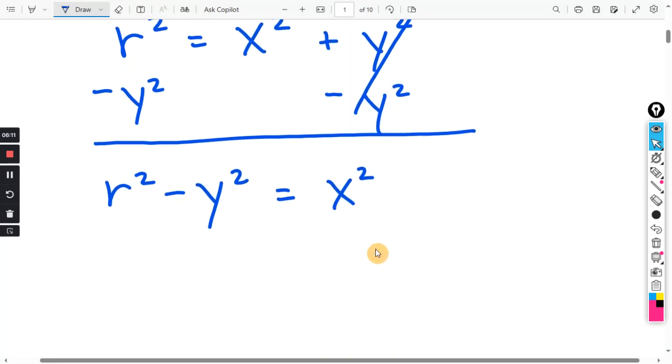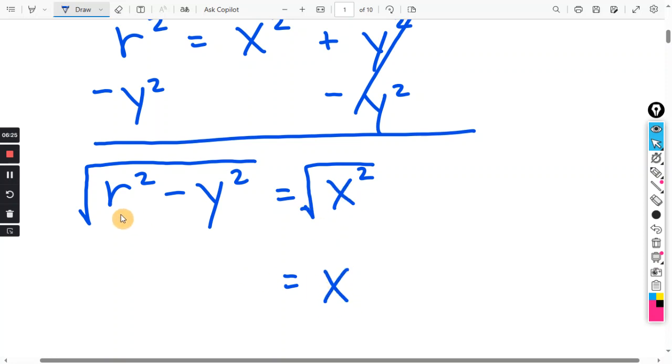Finally, last step, solving for x, the opposite of squaring something is to take the square root. All right, square root of something squared is just that number. So square root of x squared is just x. Nothing we can do here, so we leave that as radical r squared minus y squared.